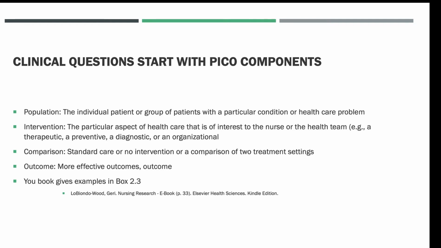In those clinical questions, they always follow a PICO format. So the first thing is you identify your population. This is the individual patient or group of patients with a particular condition or healthcare problem. Then you identify the intervention, which is an aspect of healthcare that is of interest to you, the nurse, or to the healthcare team.